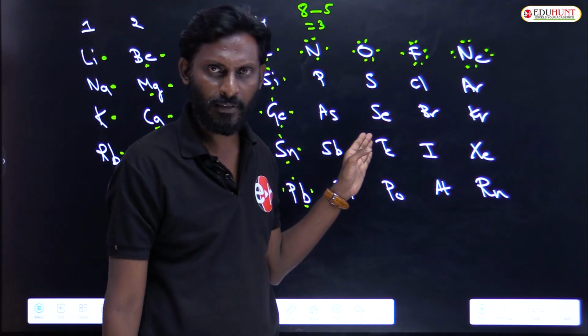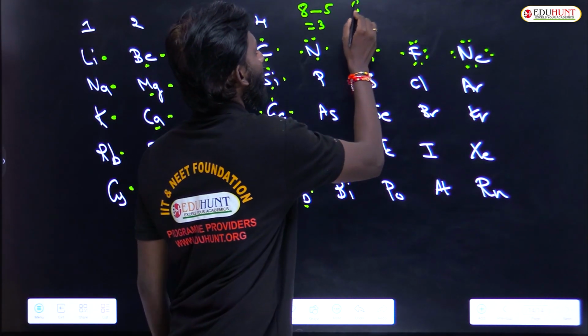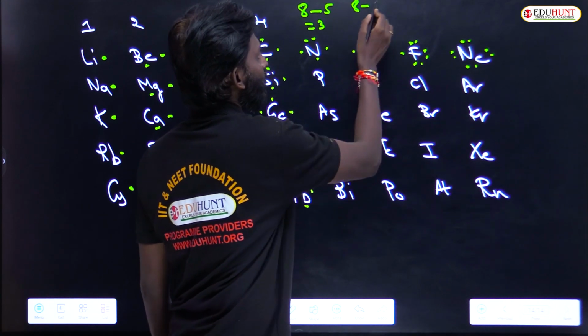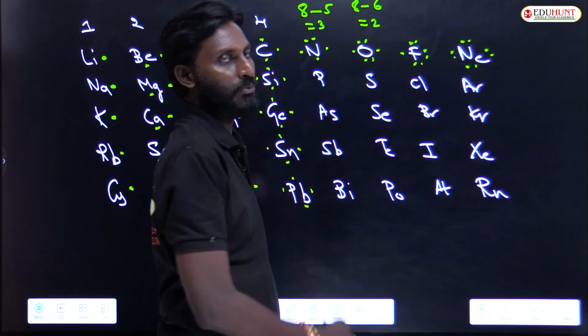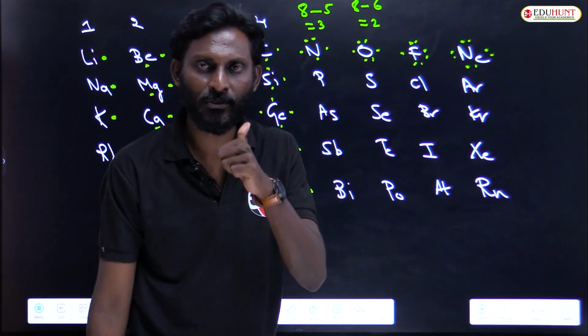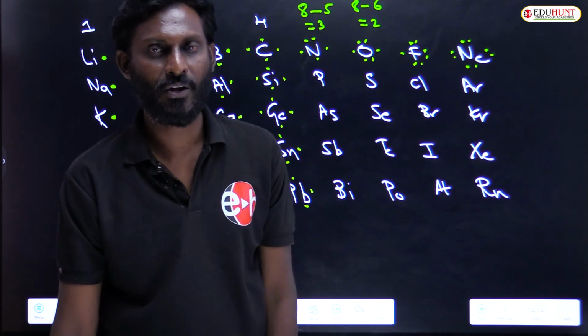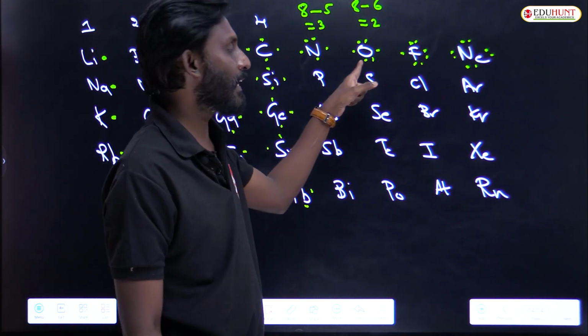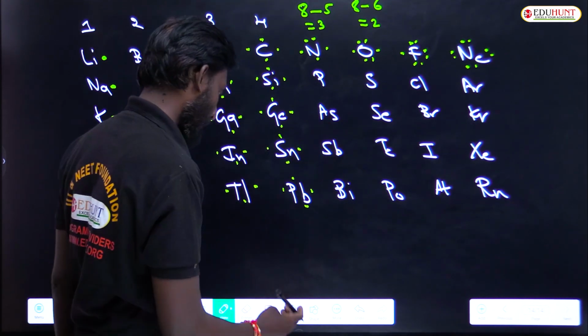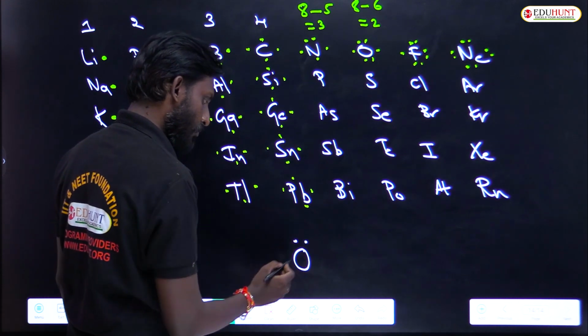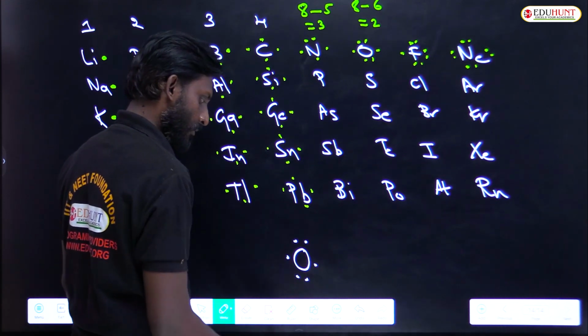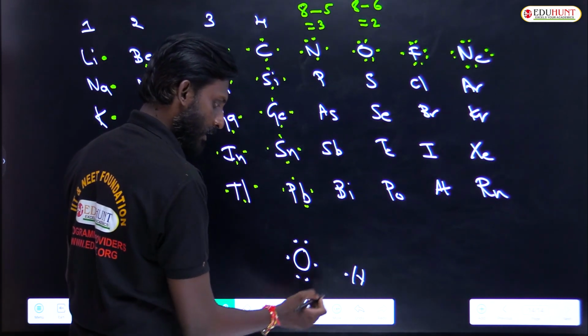Apply to the next family. 8 minus how many valence electrons? 6 electrons. So the combining capacity is 2. Why 2? By sharing 2 electrons, oxygen can complete its octet. How? Oxygen has valence electrons 1, 2, 3, 4, 5, 6. Now hydrogen came with 1 electron.